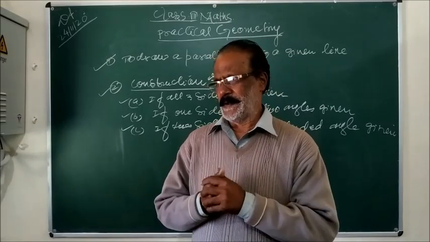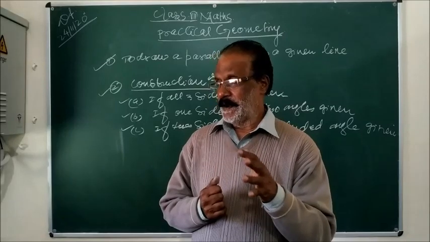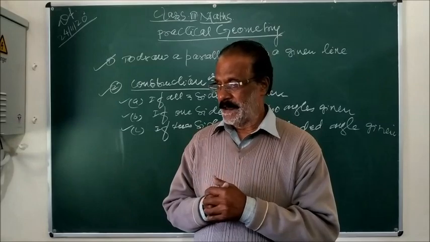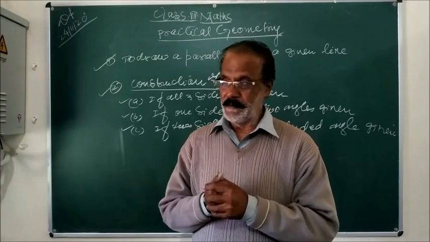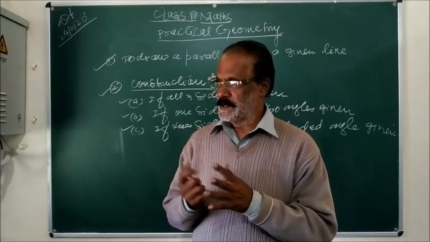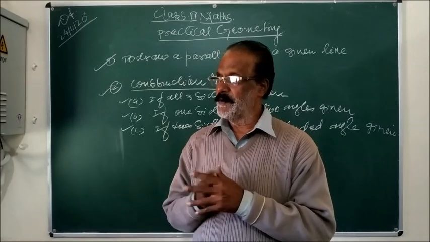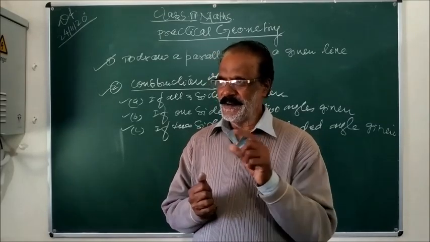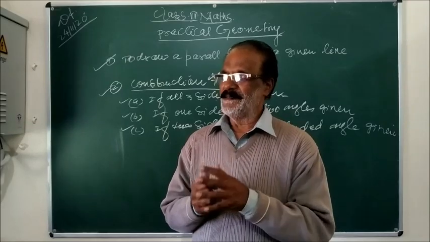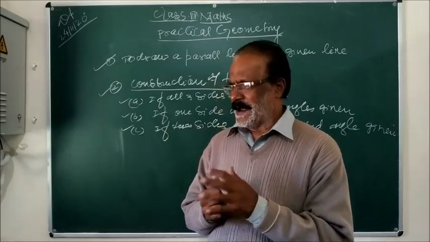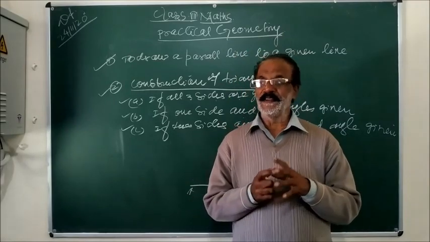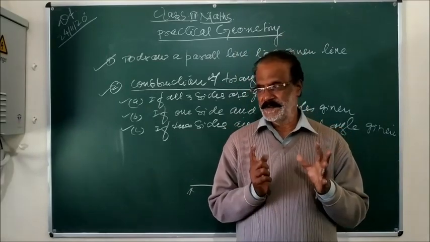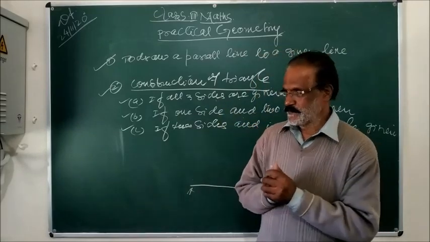I have already explained this, but here I am reminding you. We have many examples: the edges of the table, the edges of books and notebooks, rods of windows, railway tracks. So parallel lines mean those lines which never intersect if you extend them to infinity.